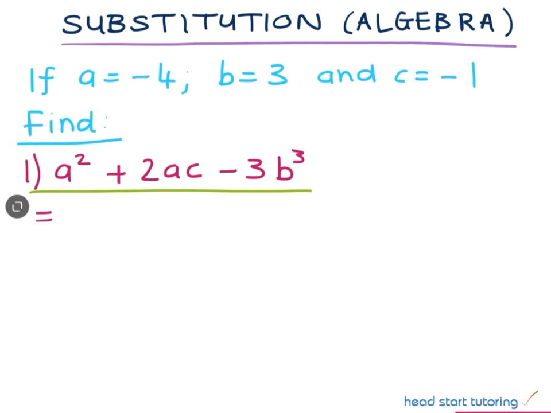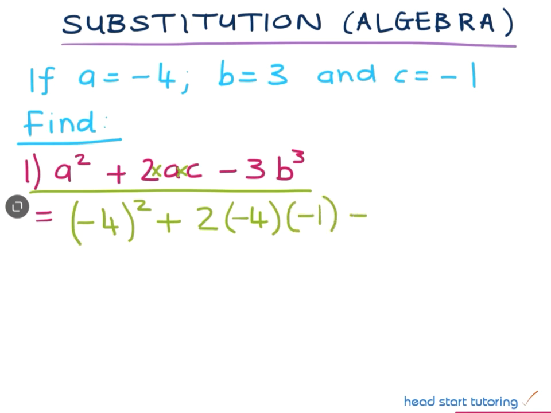Right, so let's have a look at a squared. If a is equal to negative 4, we need to plug our negative 4 in there and we square that. We are then plussing 2 multiplied by a multiplied by c, which is equal to 2 multiplied by a, which is negative 4, multiplied by c, which is negative 1.